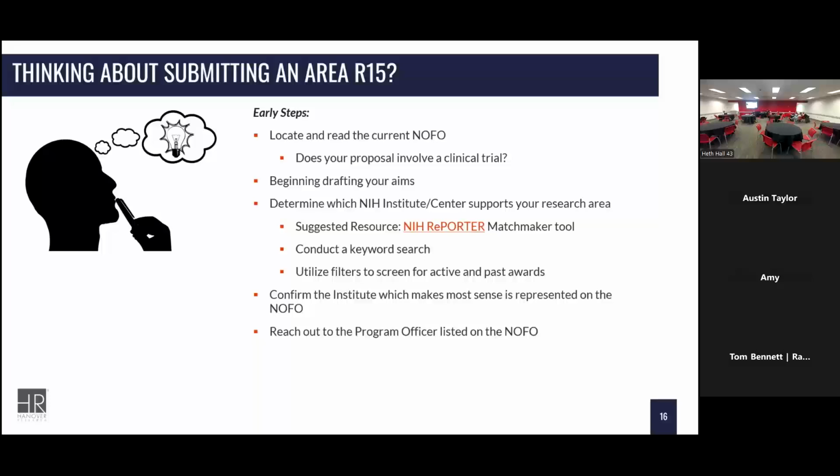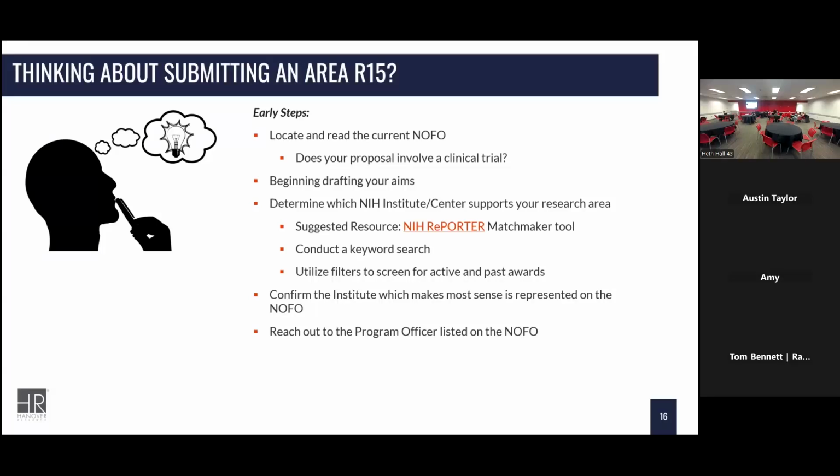So if you're thinking about submitting an R15, some early steps that you want to do is identify the current NOFO. As I said earlier, I referenced the 2 current NOFOs for R15 right now. That can change next month. One of the things I learned when I was at a federal agency is we only have to post things 30 days out from a deadline.